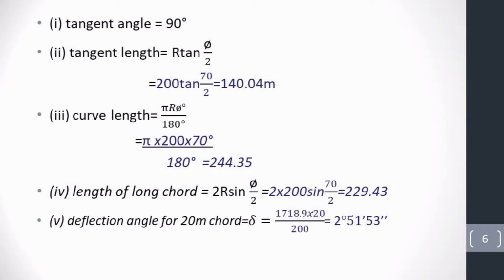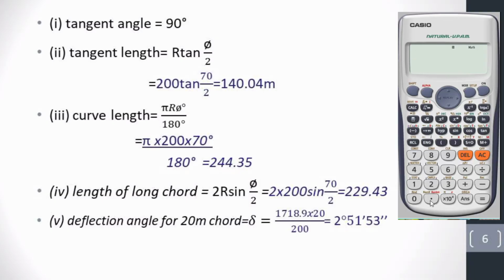So the tangent angle is 90 degrees. For the tangent length, our formula is R tan(θ/2). Our R, the radius, on the question is 200 meters. Then our deflection angle is 70 degrees, so tan(70/2).